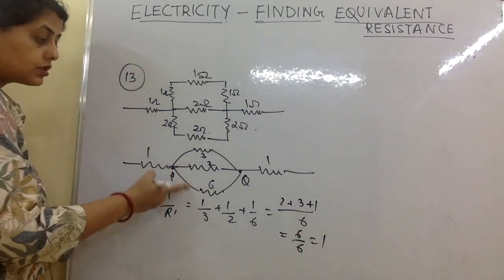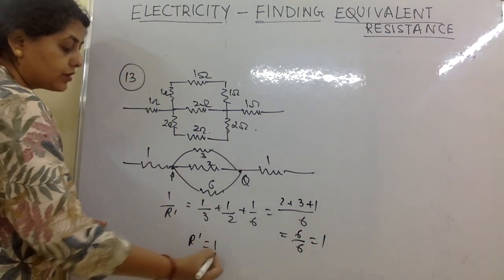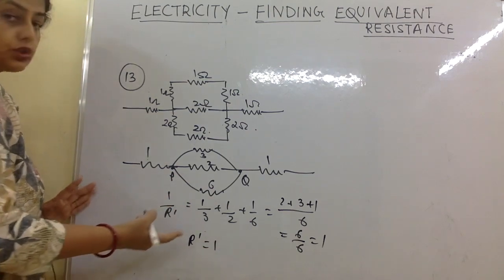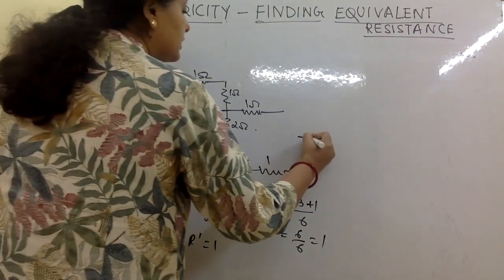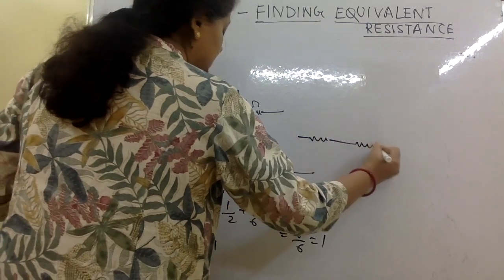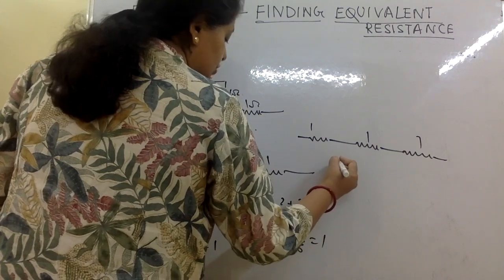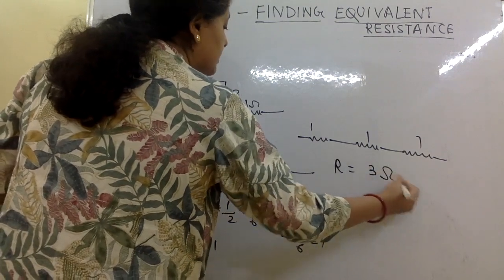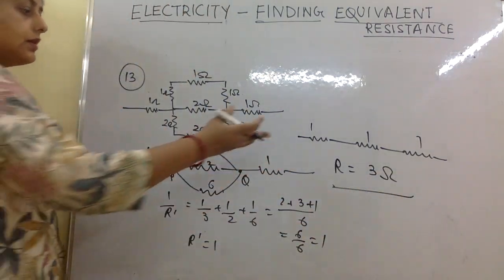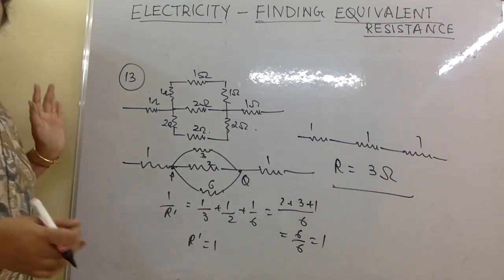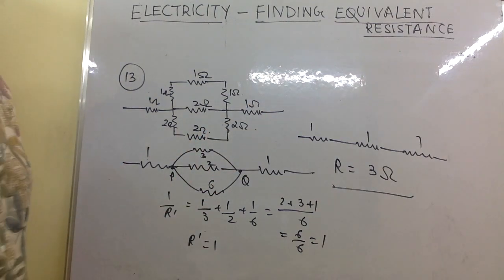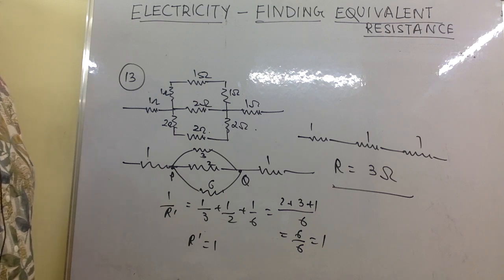So the resistance of this portion R dash becomes 1 ohm. Now the figure changes to what? The figure changes to this 1 and then 1 and then 1. 1 ohm, 1 ohm, 1 ohm. So the equivalent resistance of this circuit becomes 3 ohms, because after that we can consider it as a series connection. So it becomes 3 ohms.